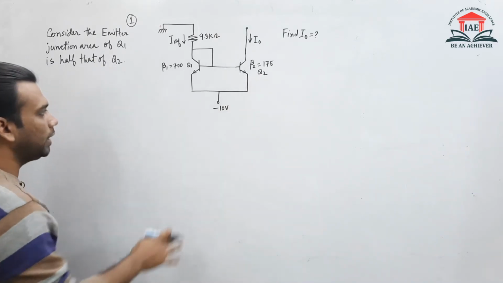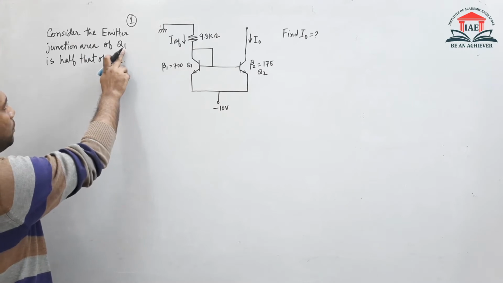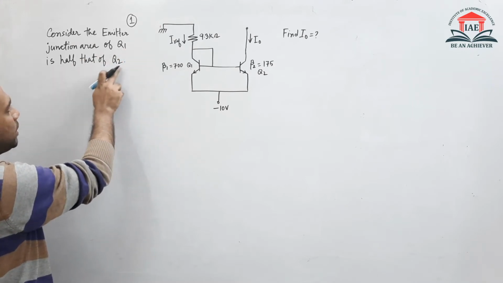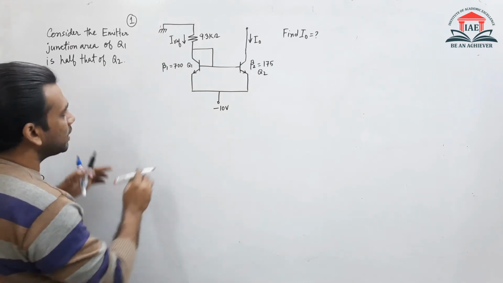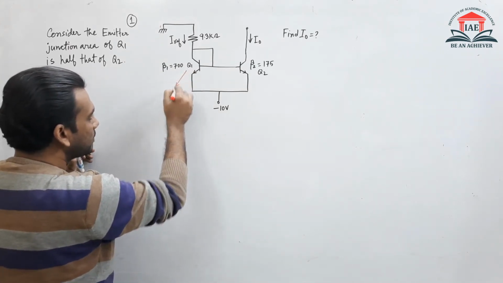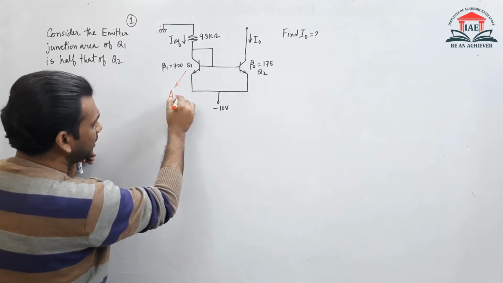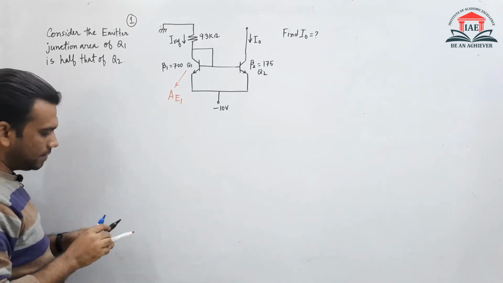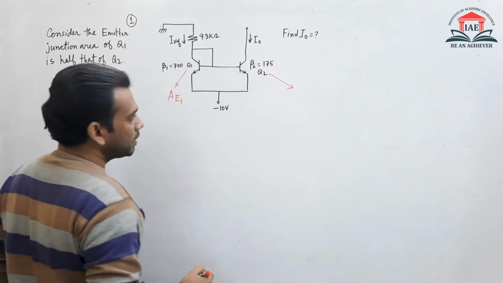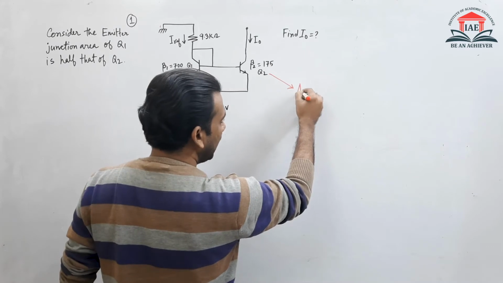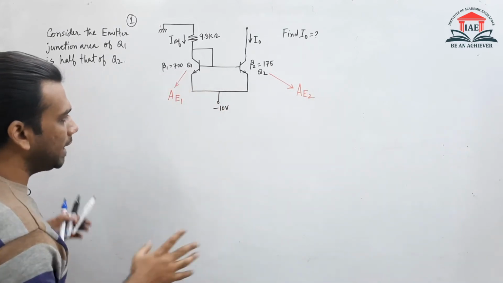The most important thing to note down here is that the emitter junction area of Q1 is half of the emitter junction of Q2. So if transistor Q1 has an emitter junction area, let us assume it is AE1, and similarly Q2 has the emitter junction area AE2. So what is the relation between AE1 and AE2?